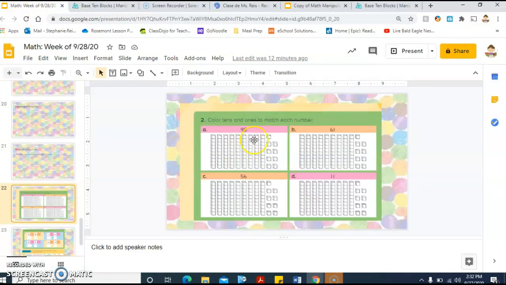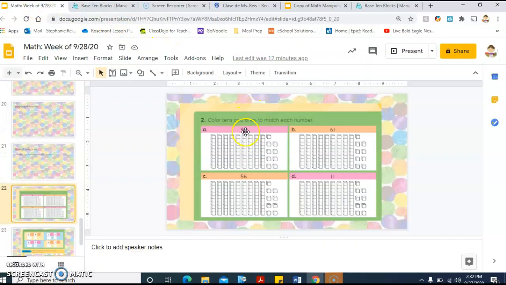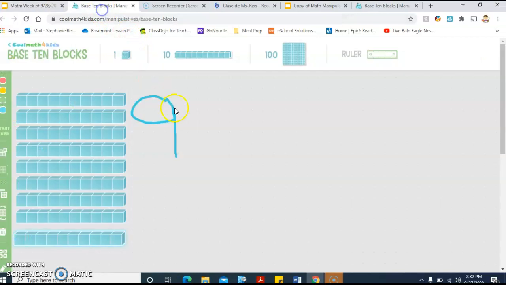Alright, now we have an 8 in the ones position. Well, I know for my ones position, I always use units to represent my 1. So, I have an 8 in the ones position, so I'm going to use 8 units.